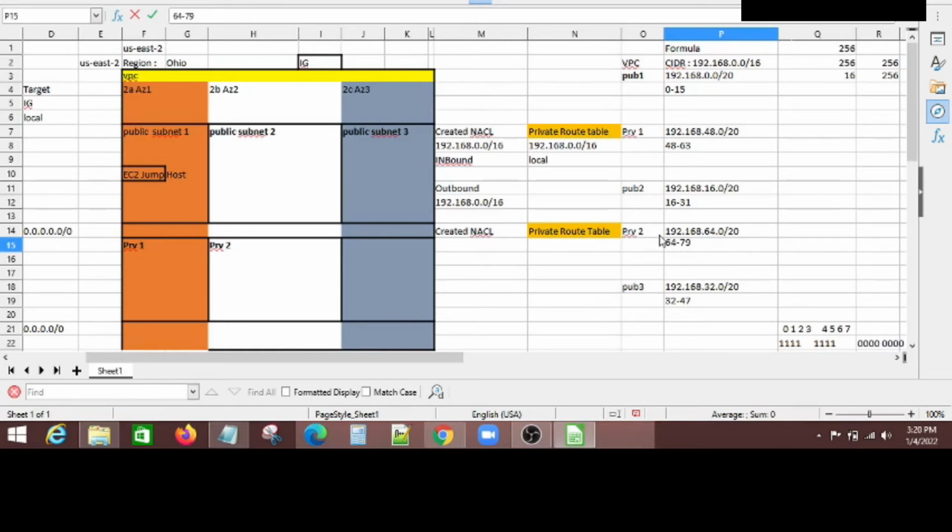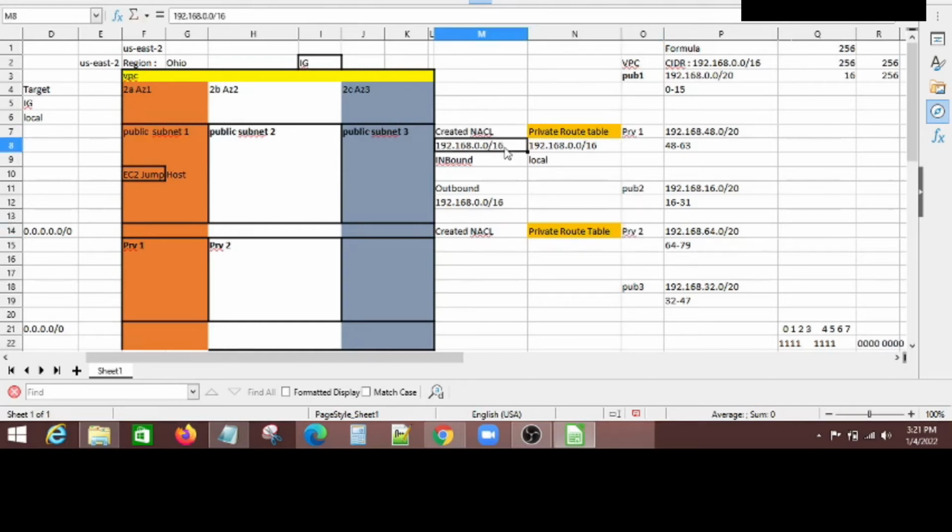Can the public main NACL and the main route table be assigned to these? Yes, it can. But what's the point? If you are allowing 0.0.0.0 and naming it private, it doesn't make sense. Because my requirement was not to allow that, I need to disassociate the main route table and the main NACL from both of these private subnets, and create a private route table and private NACL.